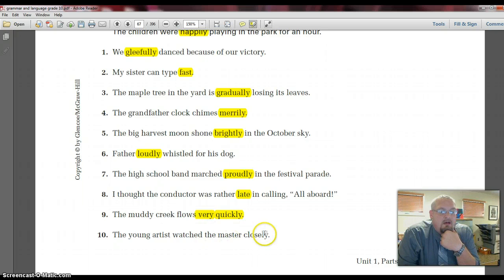And you could even highlight very quickly. Number 10, the young artist watched the master closely. We locate the verb watched. Watched what? Closely. Or how. Watched how.